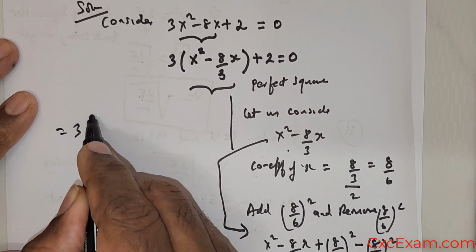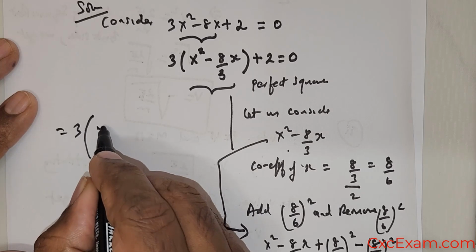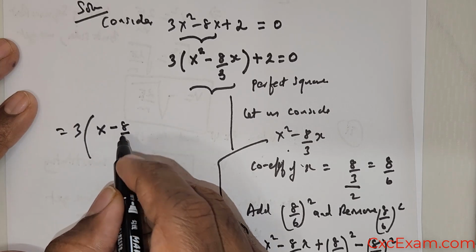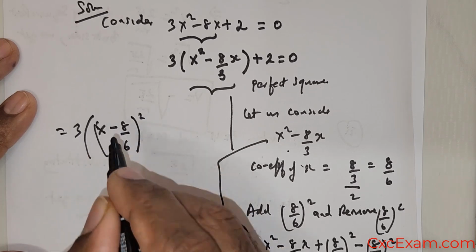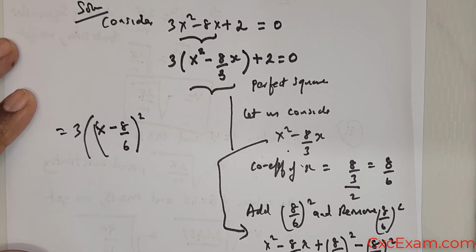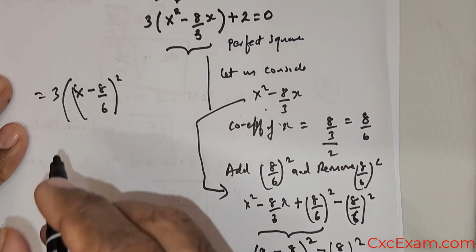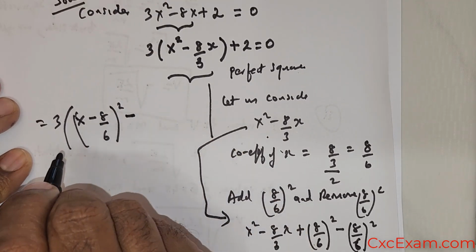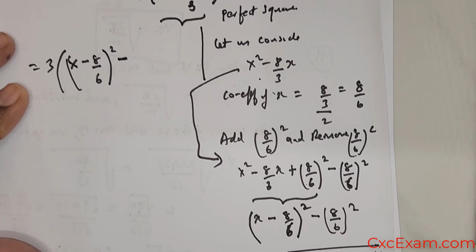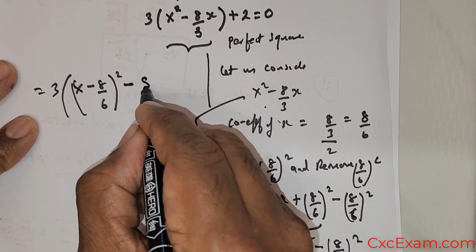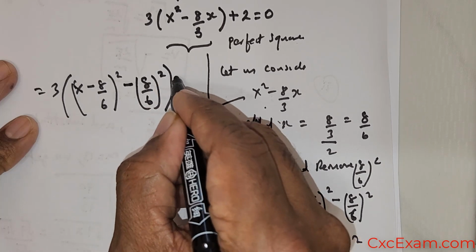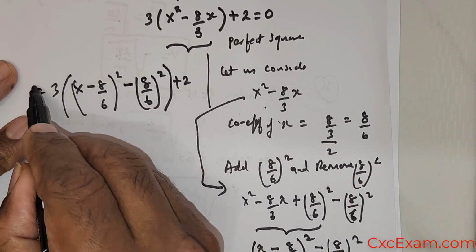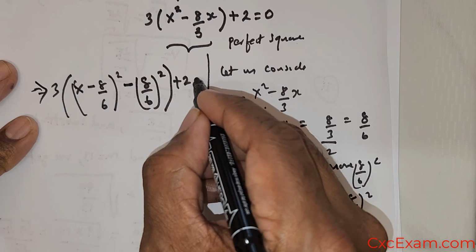So this is nothing but 3 times, this is x minus 8 over 6. This has to be written as a whole squared. And then along with that you need to place this. It's nothing but positive, that's minus 8 over 6 the whole squared, positive 2. Okay, of course there's equal to 0.